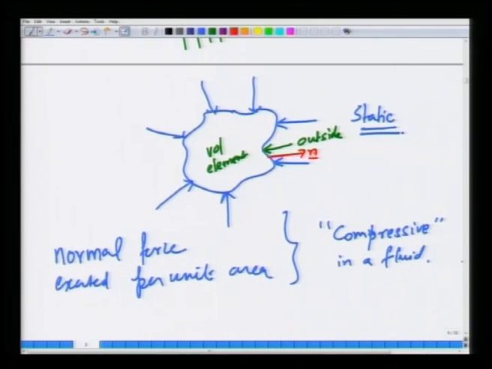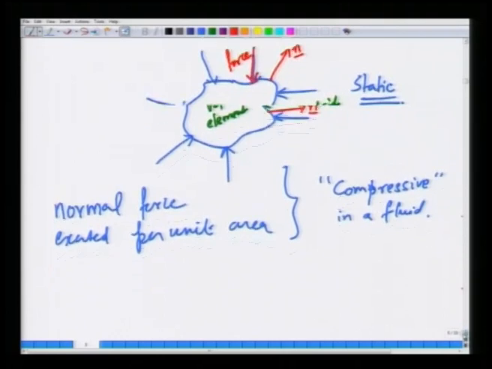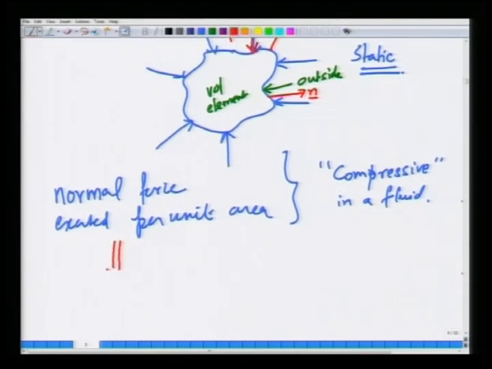At each and every point on the surface, the unit outward normal will act like this, but the normal force will act in the direction opposite to the unit outward normal. Okay. This compressive normal force exerted per unit area in a fluid is called the pressure. Since it is force per unit area, it has dimensions of newtons per meter square.